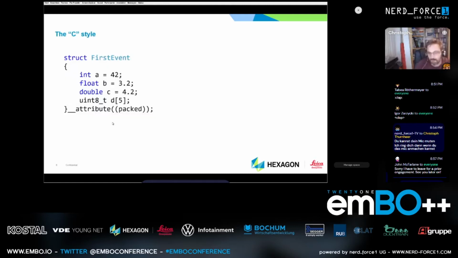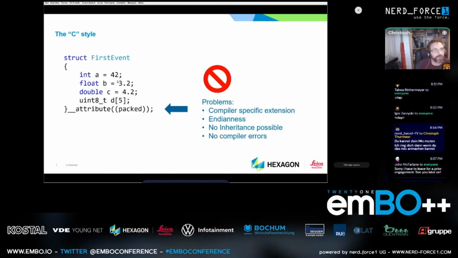We used to also use the famous packed structs, do a reinterpret cast on that, put it on the wire. But probably all of you know the problem: it is a compiler specific extension. The endianness is machine dependent.